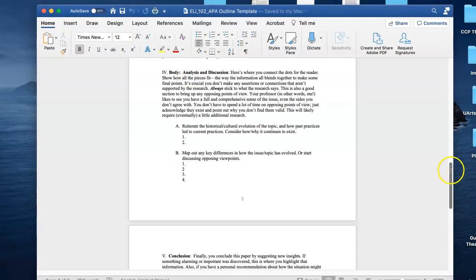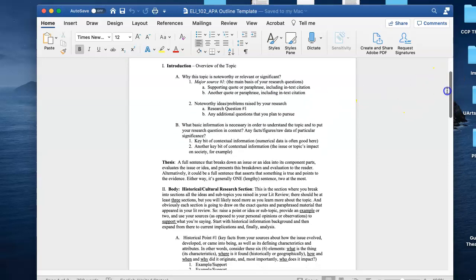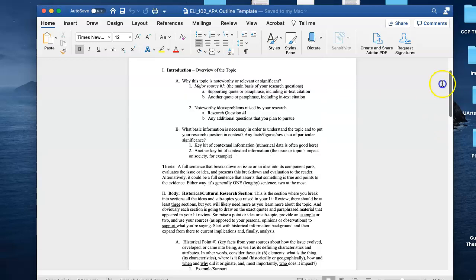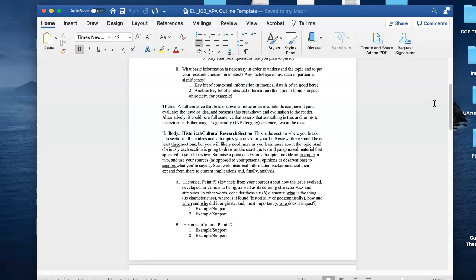And all I've done here in my outline template number 2 is break down what is going on in the actual sample template. So between those two things, my outline template number 2 and the sample outline that's in the module, you should have a pretty clear sense of what's expected of you.